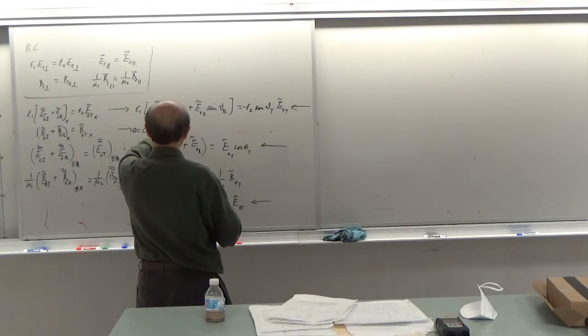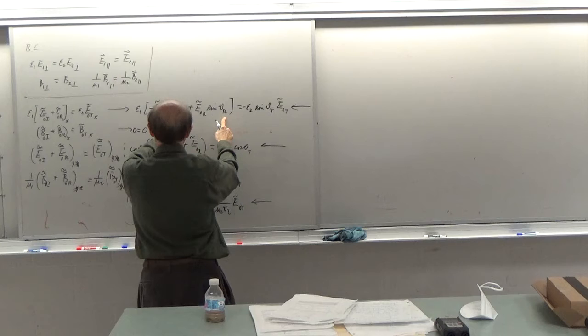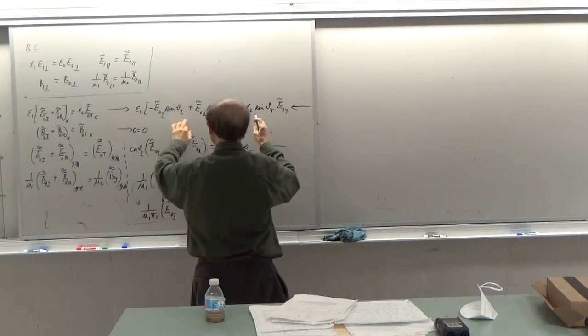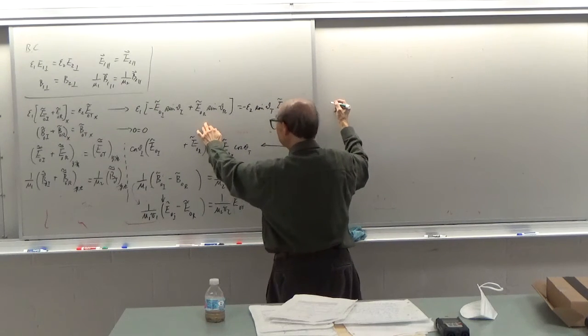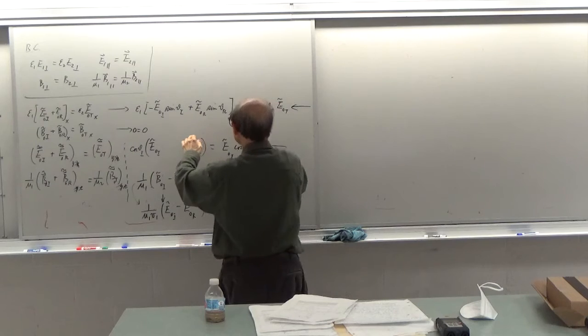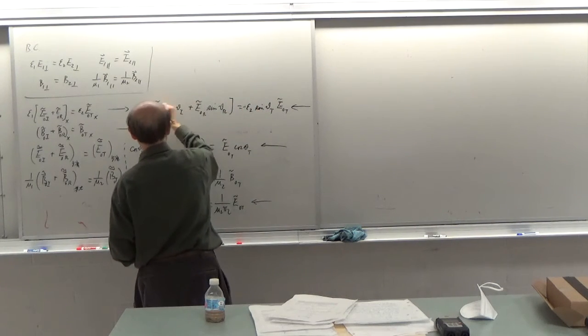And this, the 2 angles are equal, so that I have this, multiplied by minus, plus, minus.